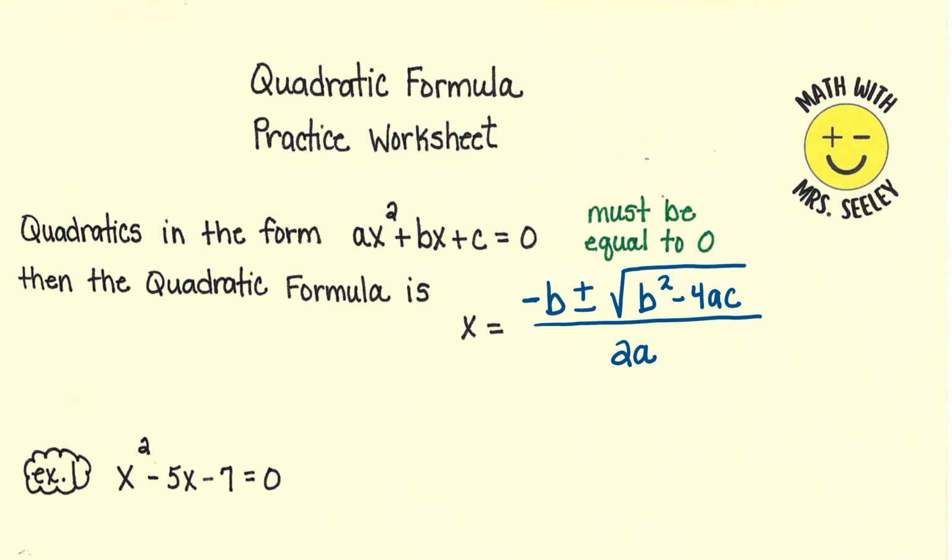This value under the square root, the b squared minus 4ac, is called the discriminant. The discriminant tells you the type of solutions that you're going to have. That value is also what differentiates each problem from being worked one way versus another way in the simplification process. All right, let's start with this first example.